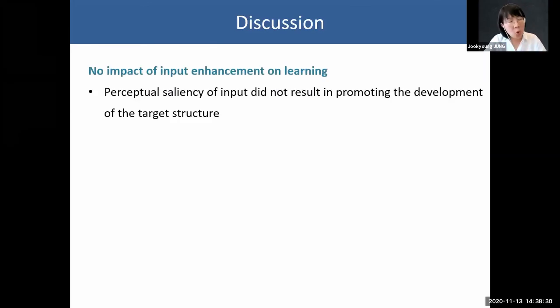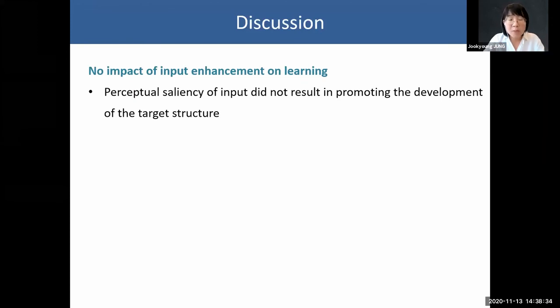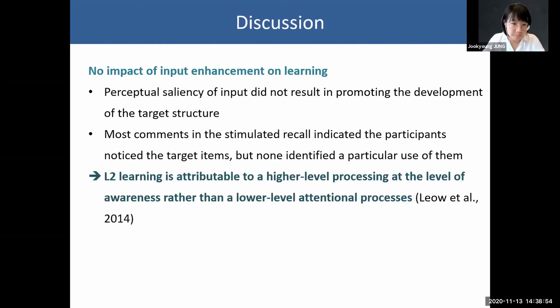So again, no impact of input enhancement, which means perceptual saliency of input did not result in promoting the development of the target structure. Most of the comments in the stimulated recall indicated the participants noticed the target items, but none of them identified a particular use of them.